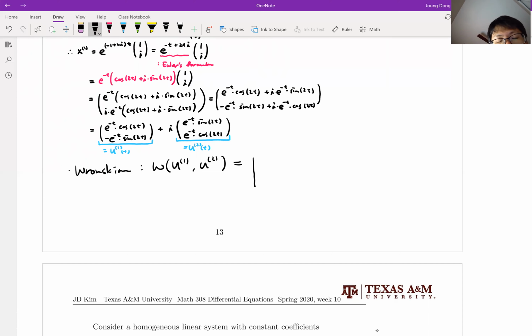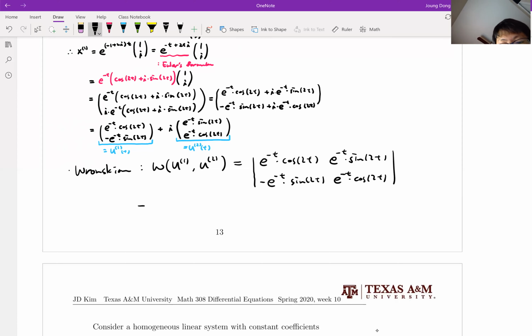So here we go: e to the minus t cosine 2t and e to the minus t sine 2t, minus e to the minus t sine 2t and e to the minus t cosine 2t.